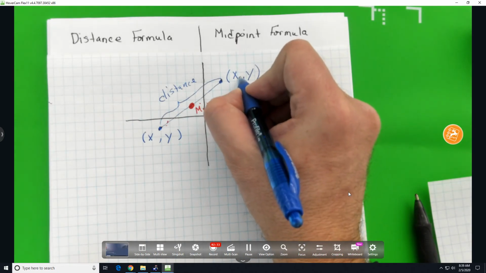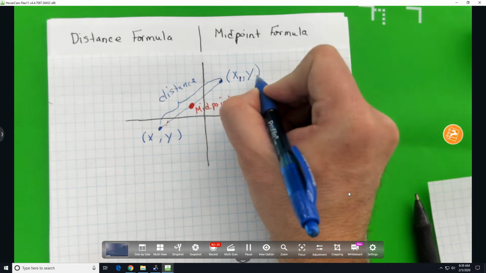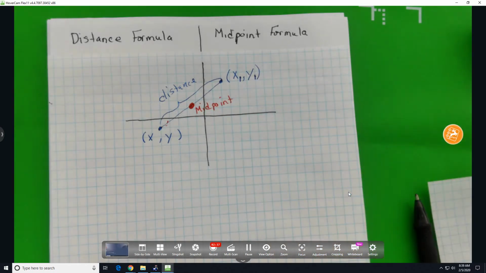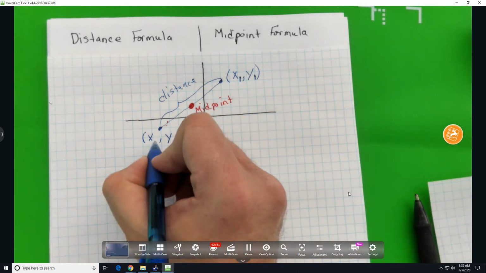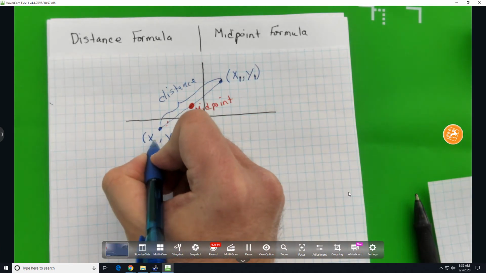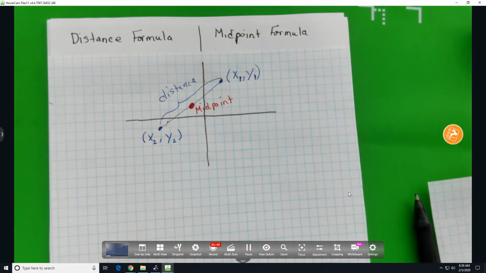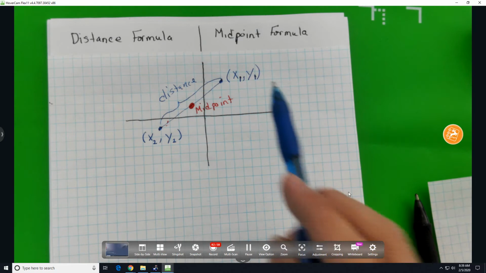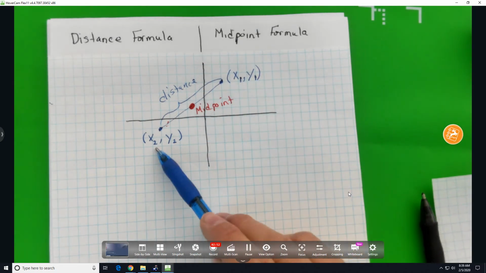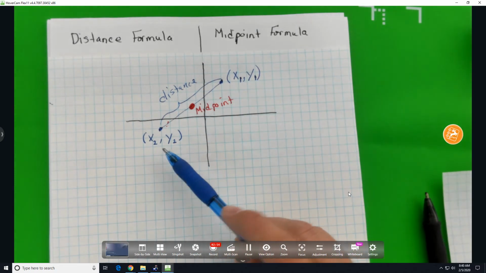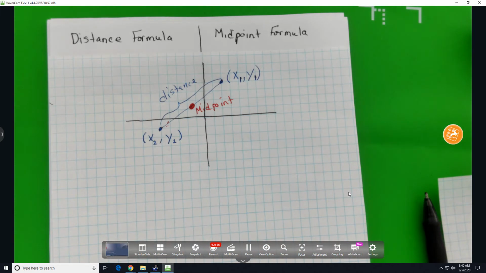This one up here on top, I'm going to put x1, y1. Those are subscripts. And x2, y2. Those are not exponents. They're just subscripts, meaning first x, first y, second x, second y. Remember, ordered pairs are always in the form x, y.